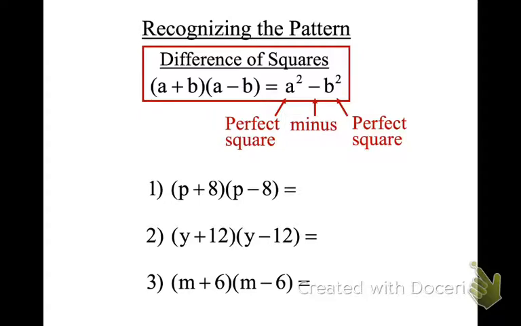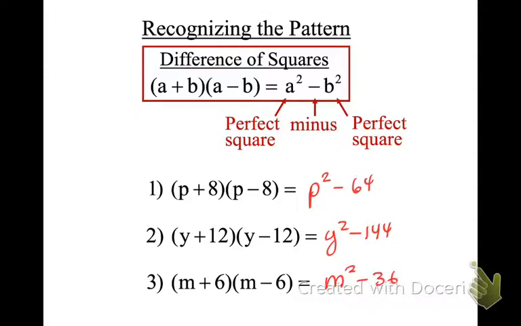Yep, p squared minus 64. What would the next one be? How about Aram? Y squared minus 49. And the next one? Jonah? M squared minus 36. Good.